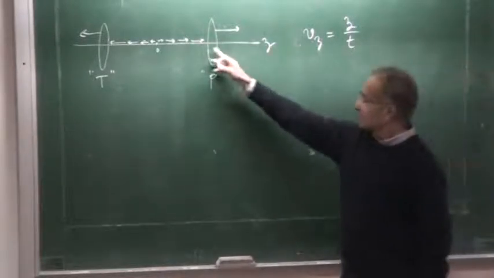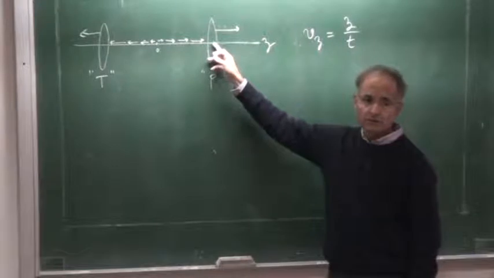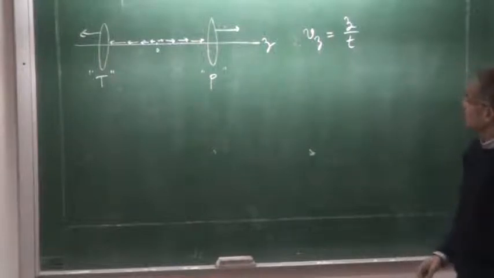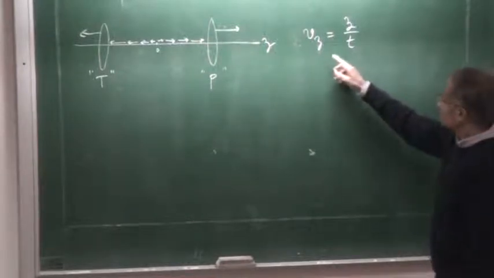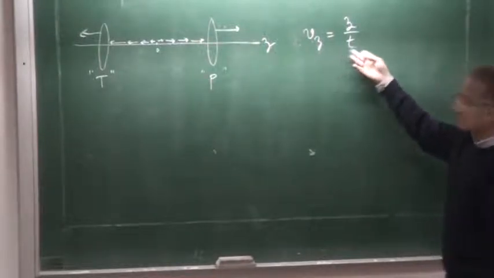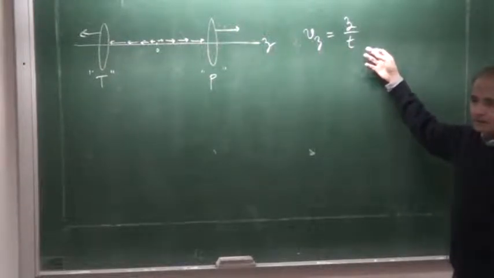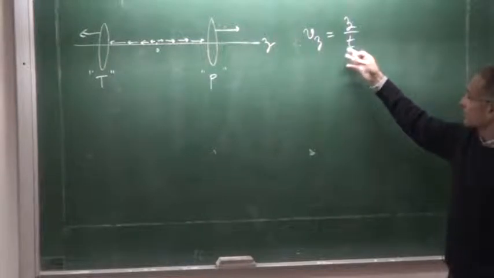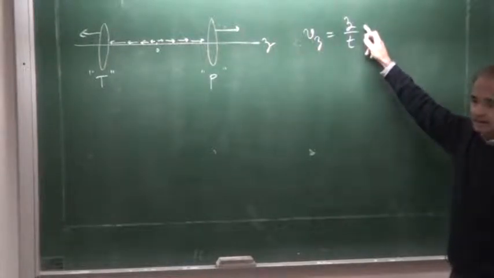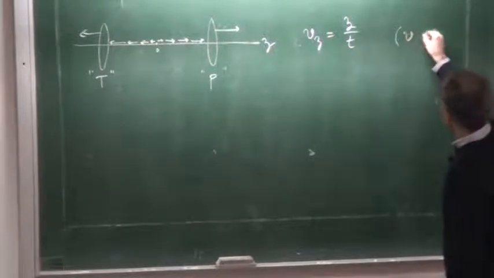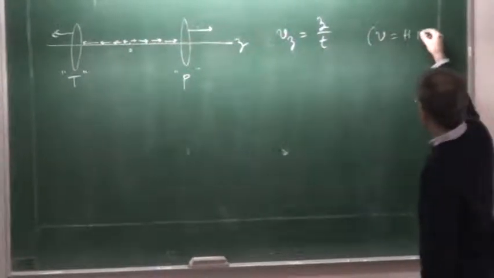And here it is almost equal to the speed of light. z and t are almost the same. So this is reminiscent of Hubble's law. There also the velocities are proportional to the distance of the galaxy with some constant. Velocity is H times distance.